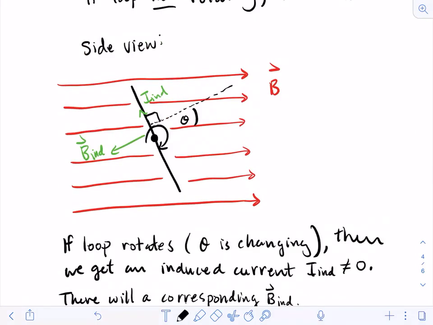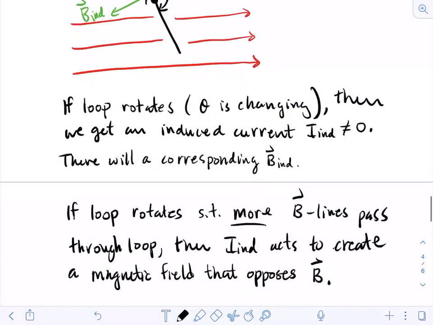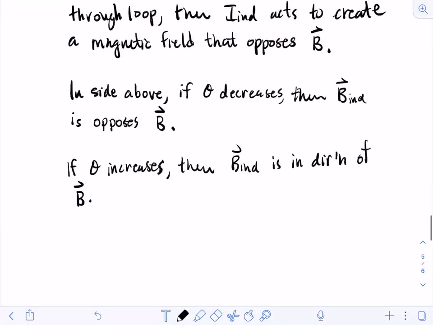If theta increases, then we're reducing the number of field lines that pass through our loop. And in that case, the induced current would oppose that change. It would oppose the reduction of the magnetic field lines passing through the loop. And so it would induce a magnetic field that tried to maintain what was there before the loop angle changed.